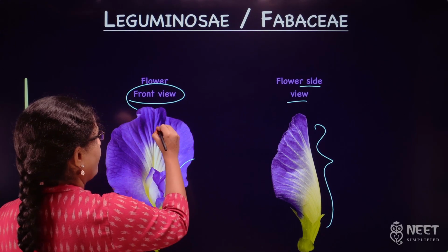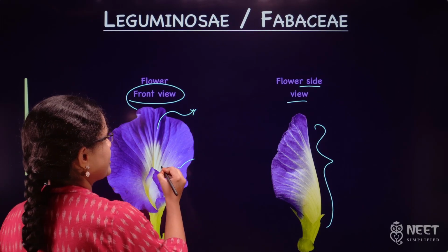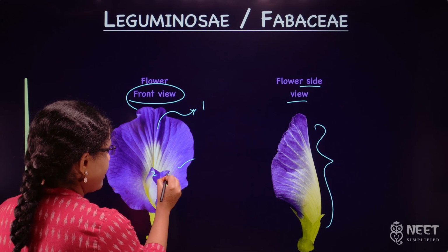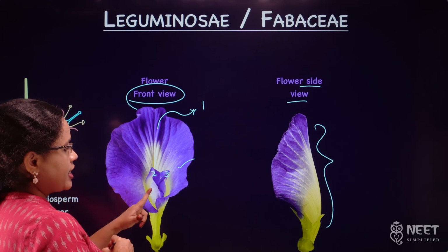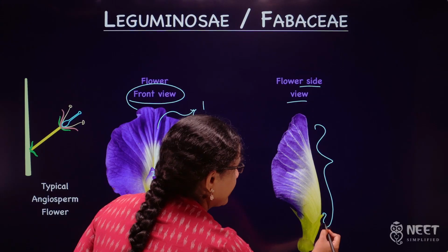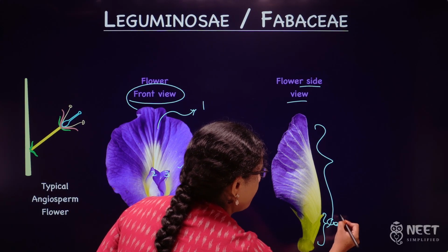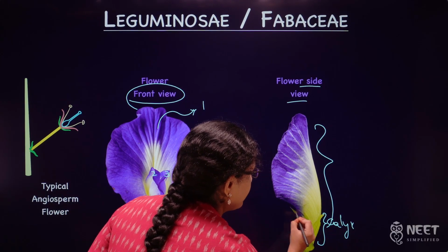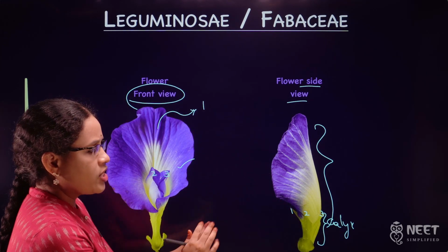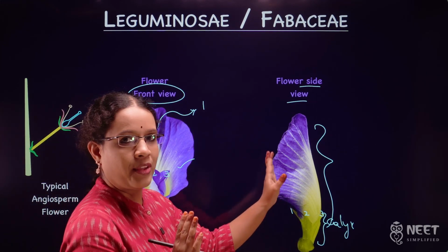You are seeing a very beautiful big petal here, isn't it? And also there are second and third petals which you are seeing in this picture. Yes, and also you can see the calyx very clearly with 1, 2 and 3 sepals which are even visible from the side view.